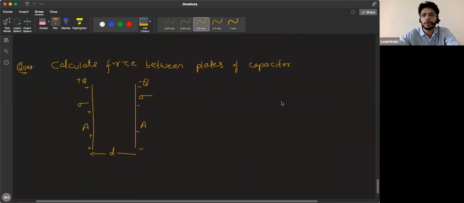Noah, what will be the expression of force? One is positively charged, another is negatively charged. Can I use Coulomb's law here?